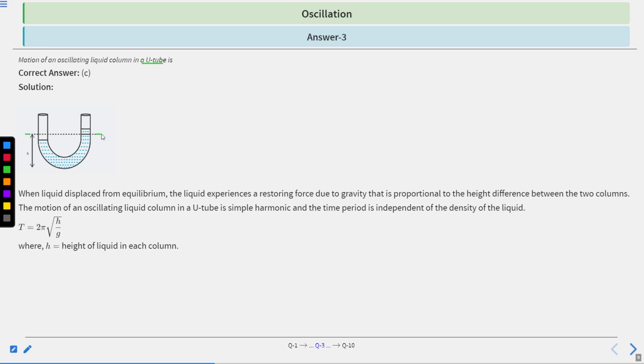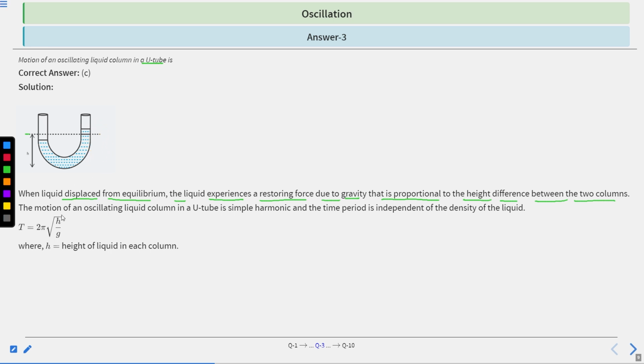This is the equilibrium point in this U tube. When the liquid is displaced from equilibrium, the liquid experiences a restoring force from this side to this side. The liquid experiences a restoring force due to gravity that is proportional to the height difference between the two columns, this height and this height.